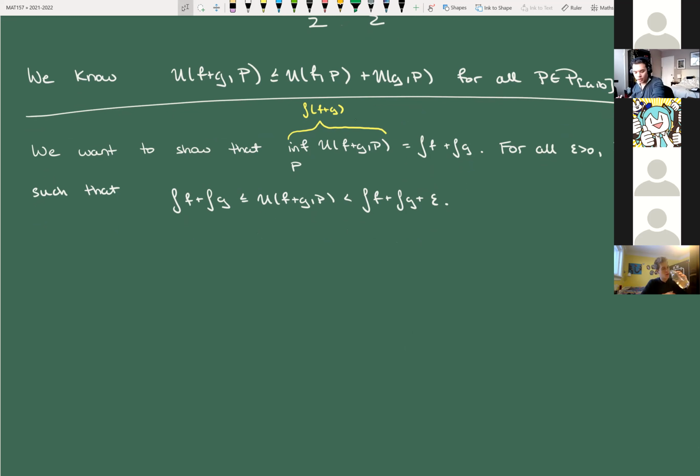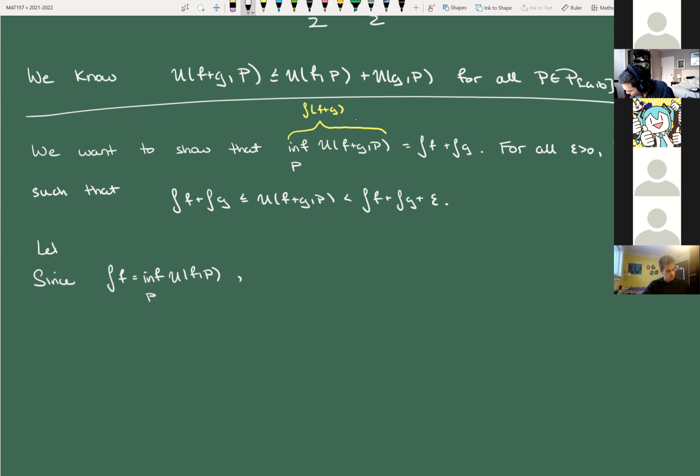So again, we know that f and g are separately integrable. So since the integral of f is the infimum over all partitions of U(f,P).